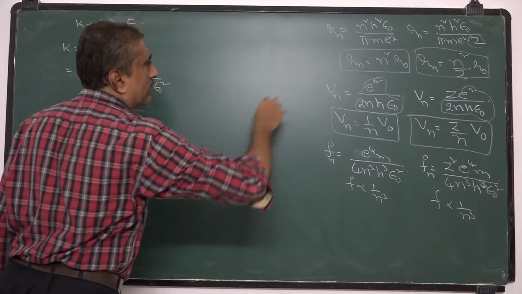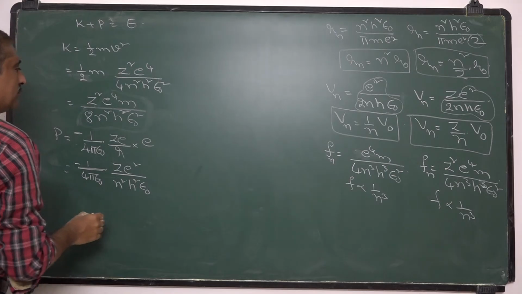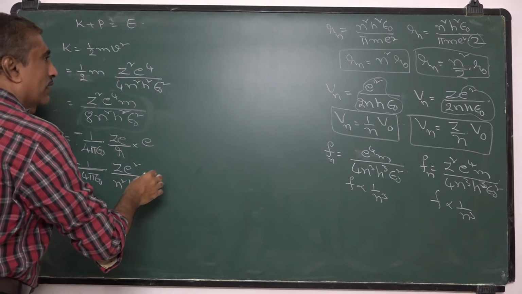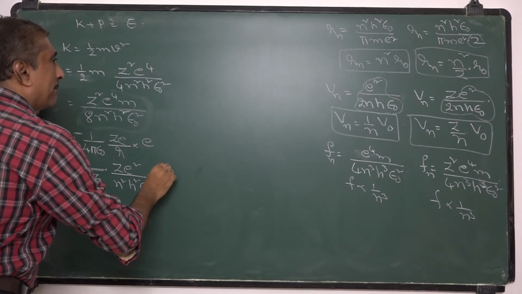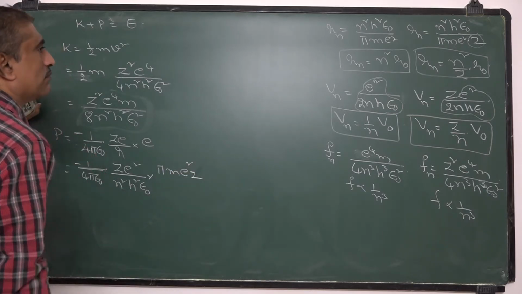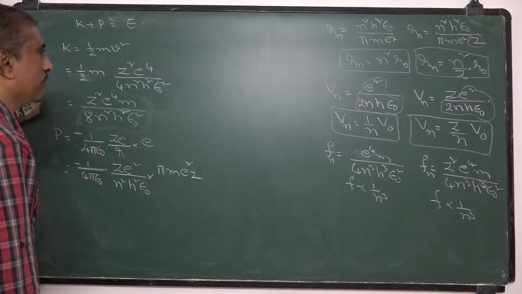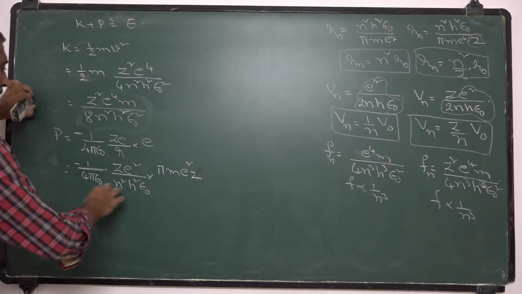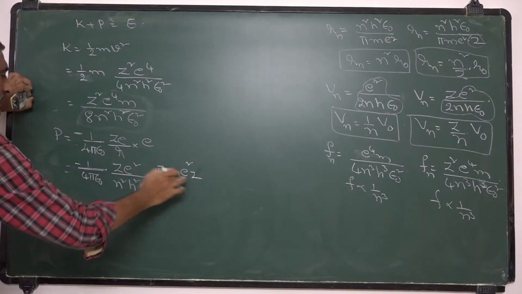R term we have to write that equation, n square h square epsilon naught into pi m e square Z. Okay, this equation becomes e square, here e square, Z into Z, Z square.